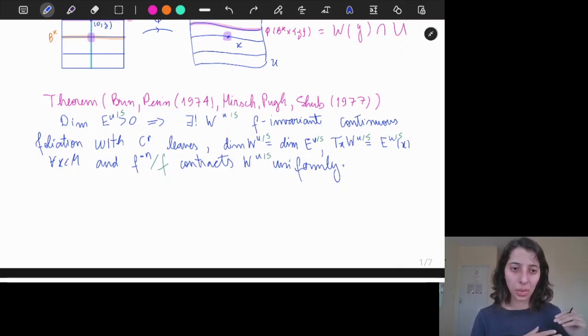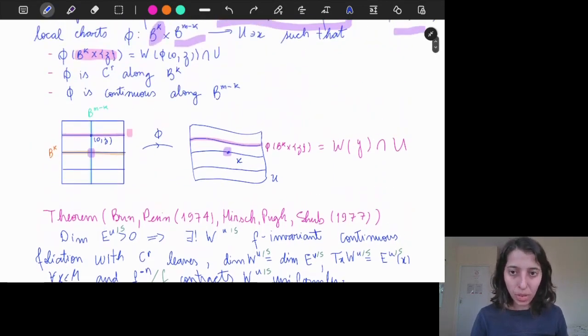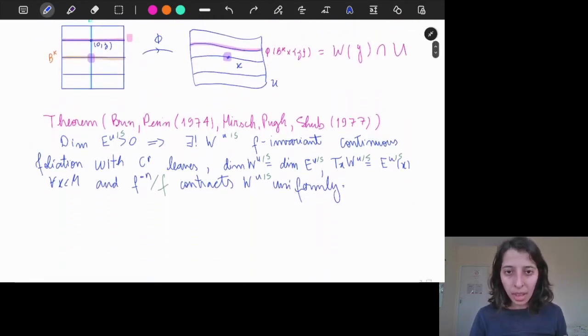expansion of vectors on the tangent bundle, then there is a unique foliation that we call the unstable foliation that is invariant by our dynamics. It's continuous. Its leaves are C^r, like in this definition above. And the dimension of the leaves is the same dimension as the distribution on the tangent bundle.